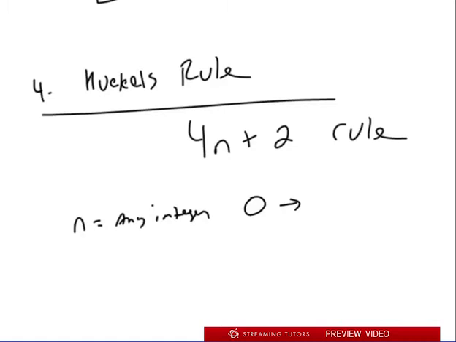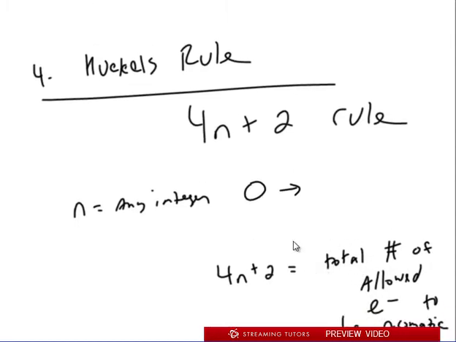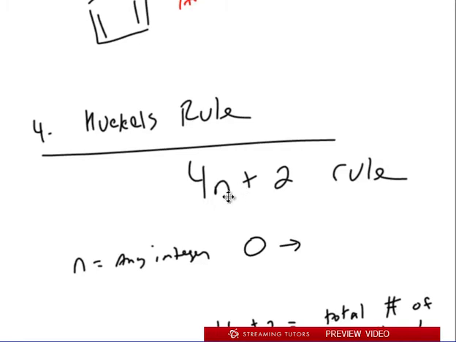Any whole number. Now, what we do here is the 4n plus 2 equals the total number of allowed electrons to be aromatic. That's what this means. It's the total number of allowed electrons. And you could plug in n from 0 and up. So 4 times 0 plus 2 is 2.